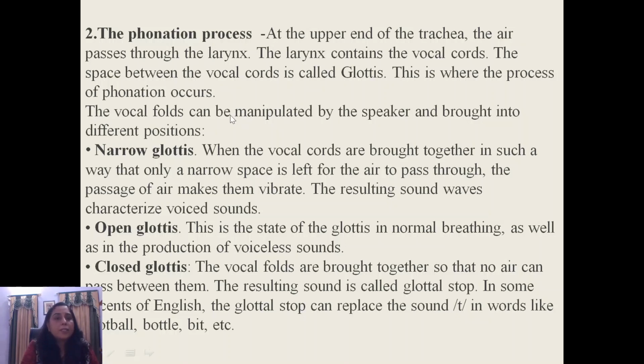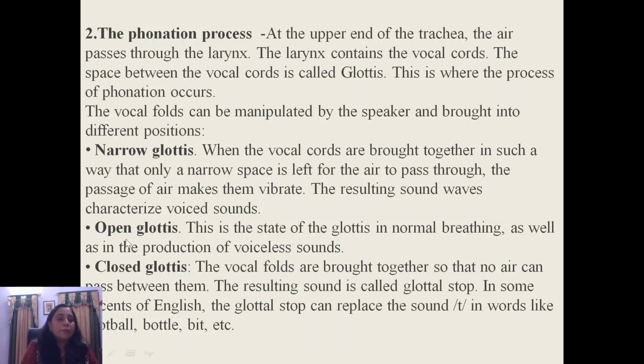And then the vocal cords can be manipulated by the speaker and brought into different positions. As explained earlier, these vocal folds can be easily manipulated. You can open them, you can close them for certain speech sounds.